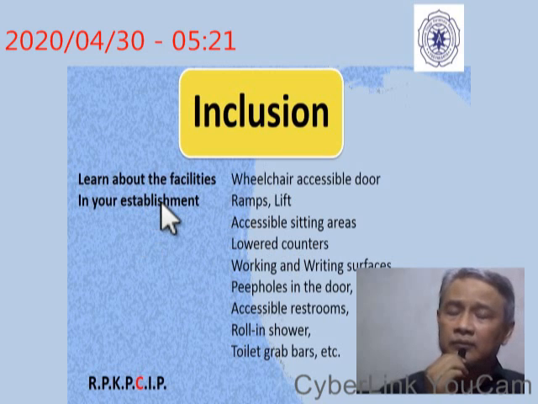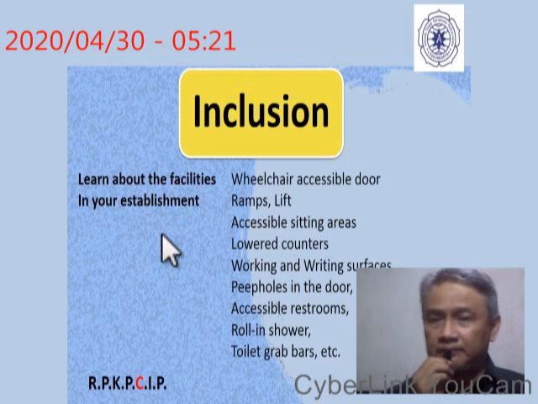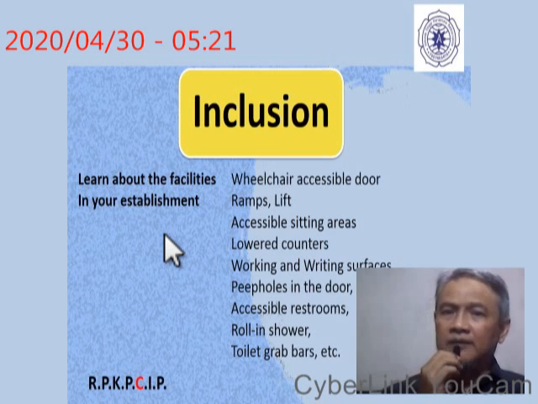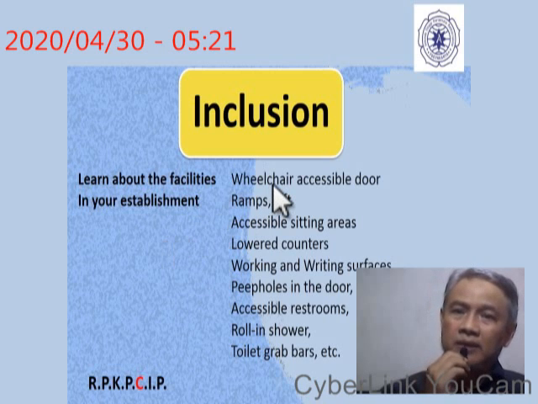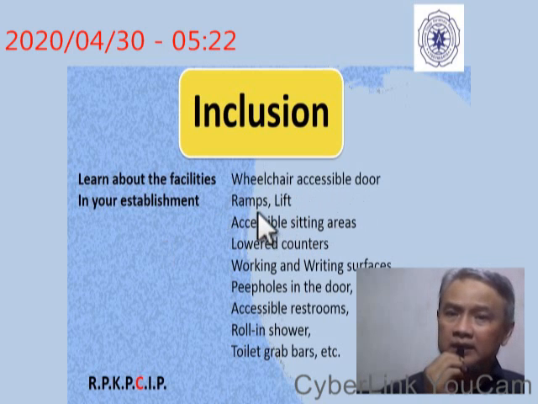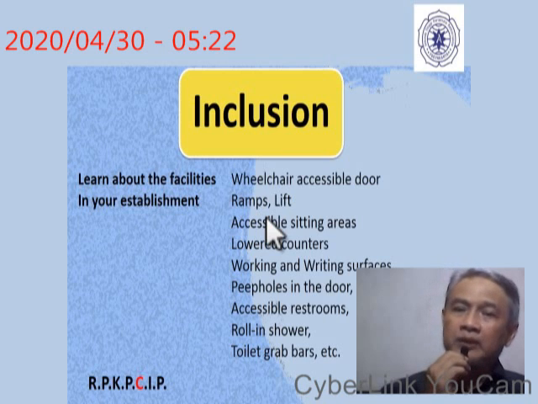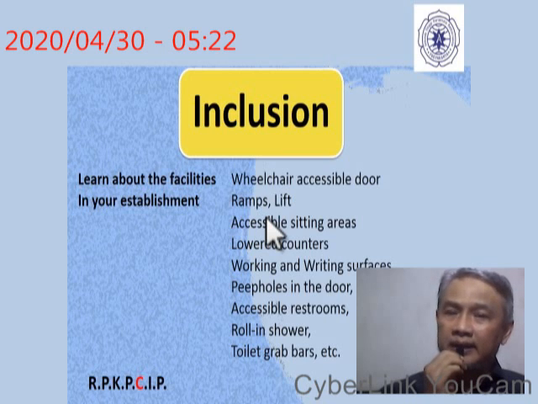And for sure you have to learn about the facilities in your establishment. What are the facilities? For example, wheelchair accessible doors, ramps. A ramp is a road made especially for wheelchairs, so that they don't have to use the staircase.